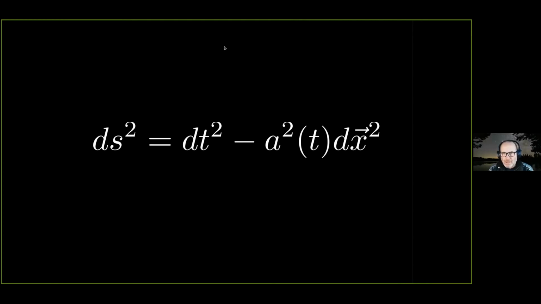So now what we do is we add a time-dependent scale factor to the spatial components of our metric. That is, spatial distances are changing with time as we move either forward or backward in time. And so this is how we describe an expanding universe. In particular, if the scale factor a of t is growing with time, that describes an expanding universe.